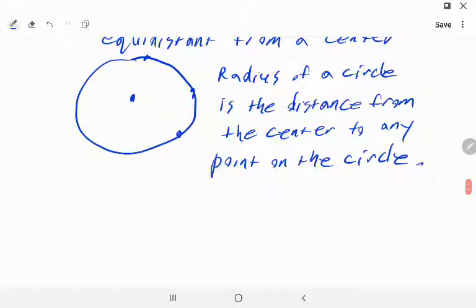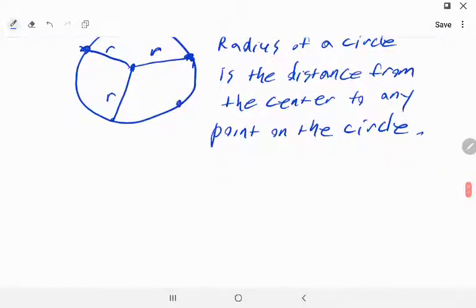So if we draw a line from the center to the circle, that's going to be the radius, the distance is r. If we drew another line from the center to another point on the circle, that distance is still r. And if we did it again, we'd still get r. So any point on the circle is r units from the center.